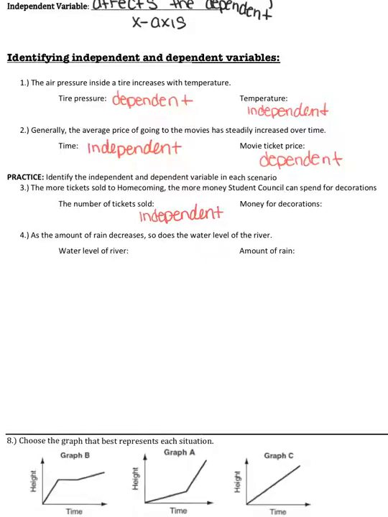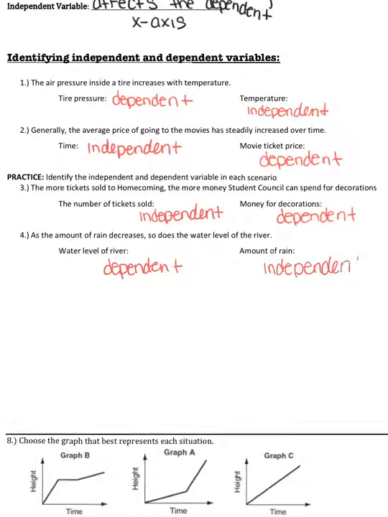And then the money for decorations literally depends on how many tickets you sell. And then number 4 says as the amount of rain decreases, so does the water level of the river. So does the water level affect the amount of rain? No, the water level literally depends on the amount of rain.